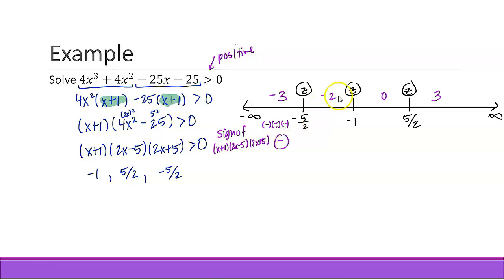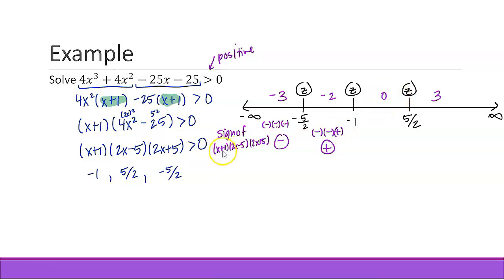When I plug in negative 2, we're going to get negative 2 plus 1, so that's a negative. Negative 2 times 2, that's negative 4 minus 5, negative. And then negative 4 plus 5, that is positive.